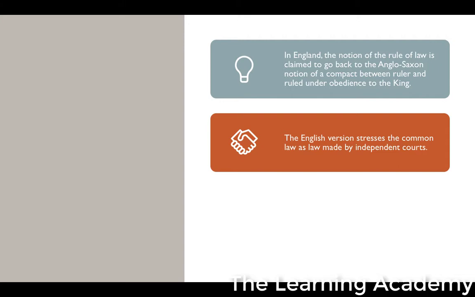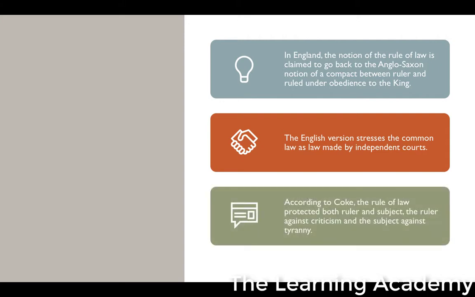When we looked in the last video at the sources of the Constitution, we saw that the common law has developed over thousands of years and in fact dates back to Roman law jurisprudence. According to Coke, the rule of law protected both ruler and subject, the ruler against criticism and the subject against tyranny. But there are different interpretations of the rule of law.